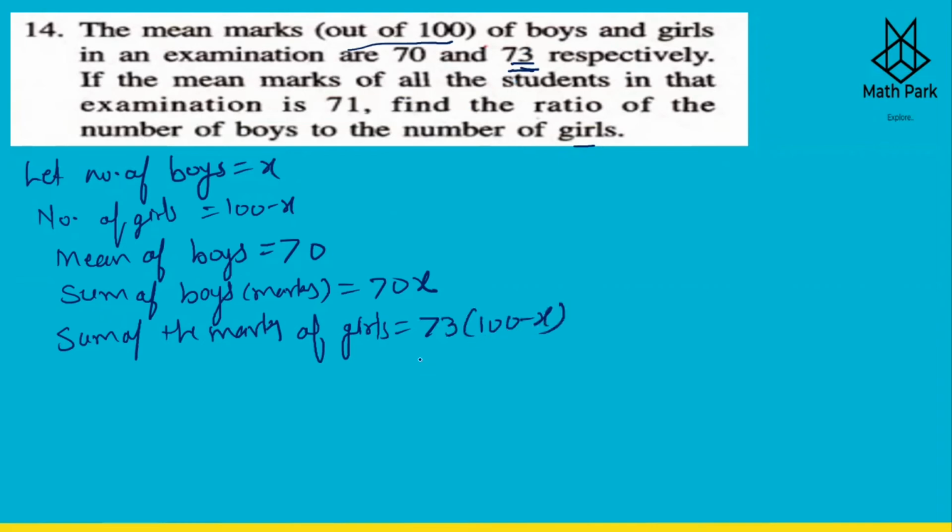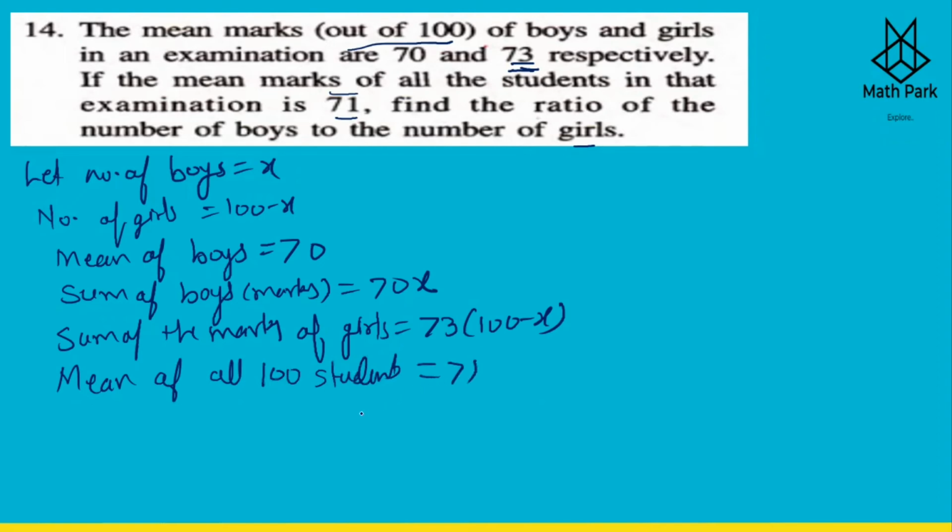Now you are given the mean of all of those students. Mean marks of all of those students is given as 71. So we have the mean of all 100 students equal to 71.